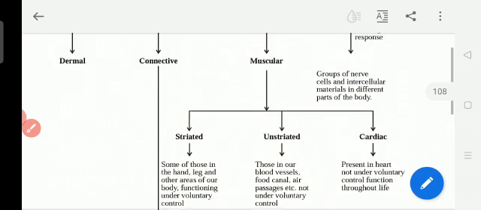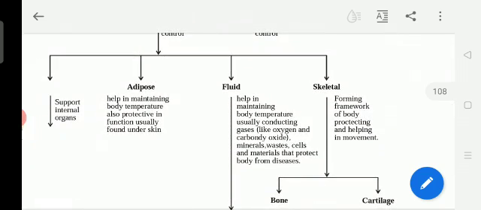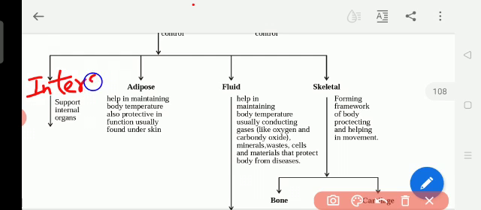And the next one, in the connective we have four types: interstitial, adipose, fluid and skeletal.